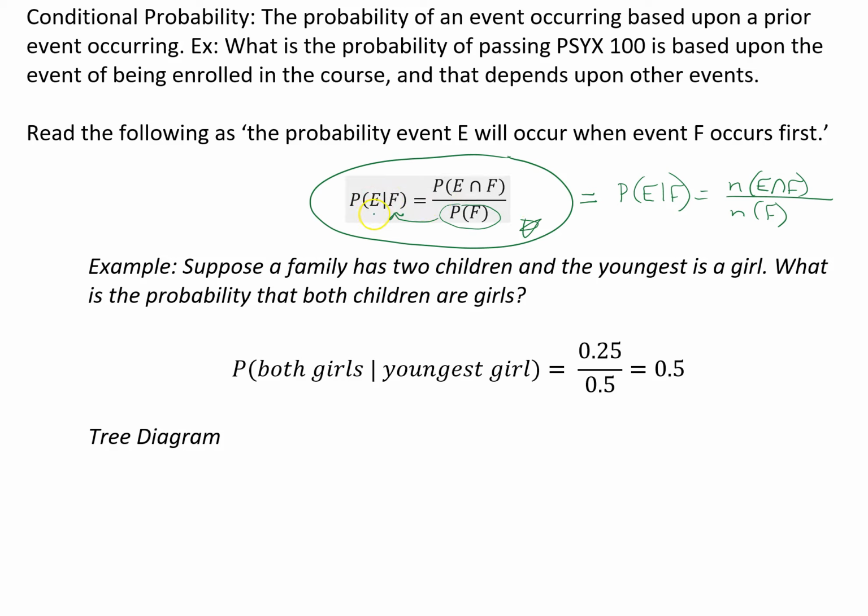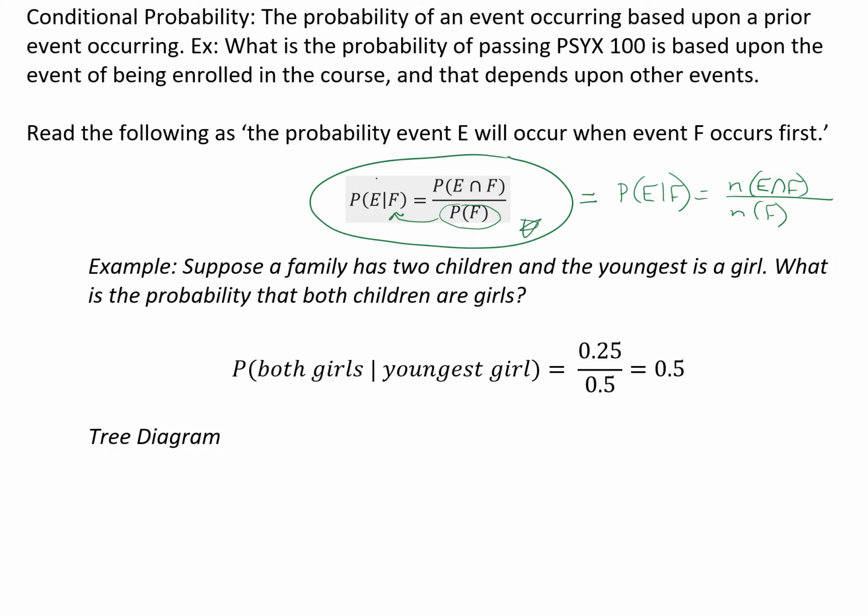Let's say you knew the given situation and you knew the probability of F, but you didn't know this intersection for some unique situation. Remember, you could adapt this equation by plugging your numbers in for the probability of E given F, and then the number for the probability of F, multiply across, and you've got the probability of the intersection. Okay, let's move on to the example.